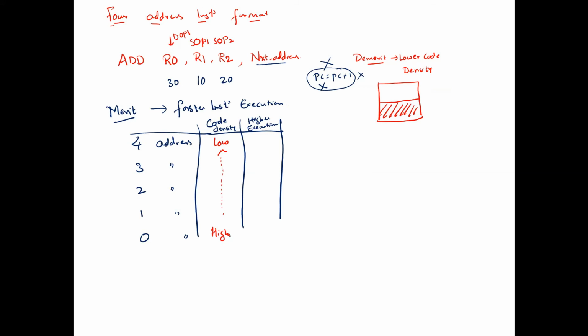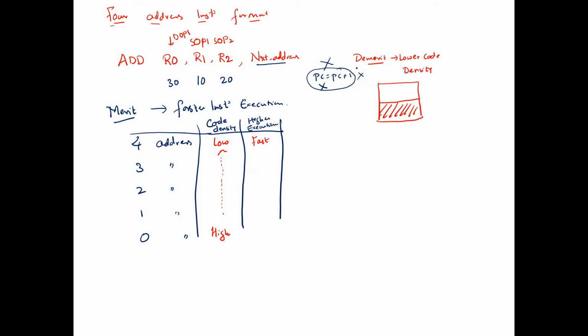Now, in terms of higher execution, which is faster? The four address format has faster execution. Why is it faster? Because everything is readily available. I have given an example of add R0, R2, R1, R2, and it is going to generate the next address. Everything is readily available, and it is even independent of the program counter register. That's why the four address instruction formats are much faster.